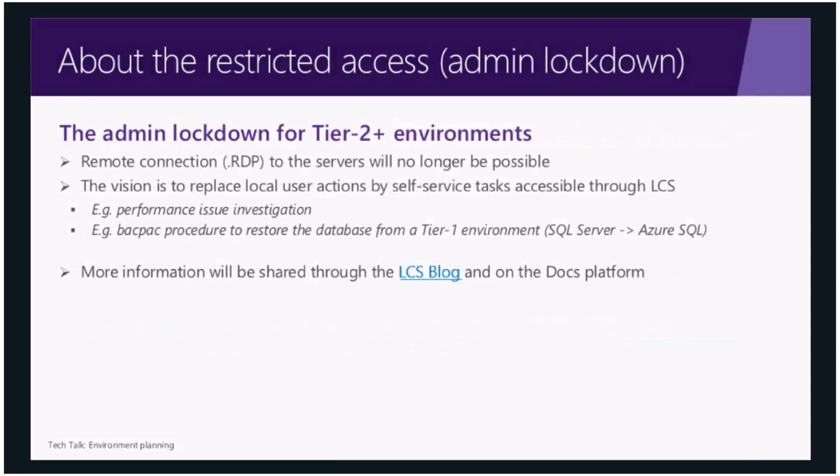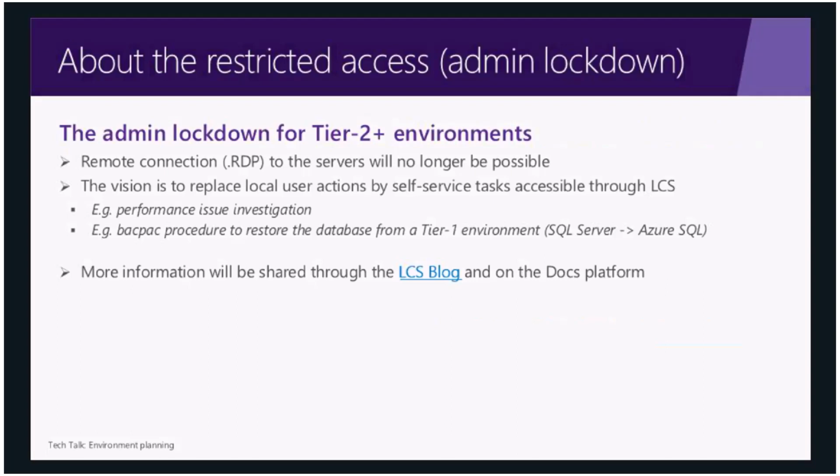What is upcoming is the next step of the admin lockdown for the Tier 2 and higher environments. In this case, it will mean that the remote connection through RDP will not be possible anymore. The vision is really to replace the local user actions by tasks available in LCS that would be self-service.